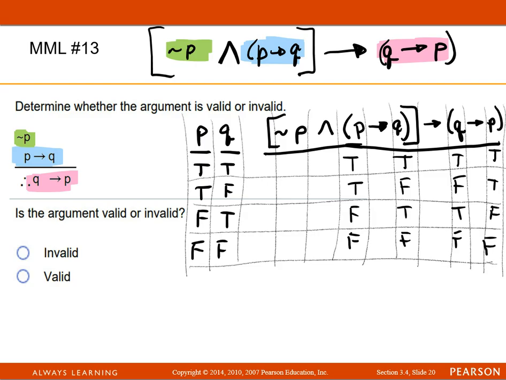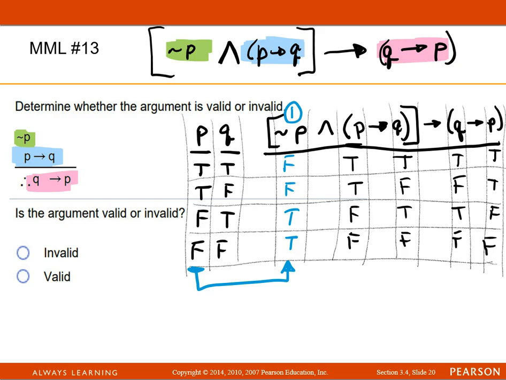Everything else, I'm going to have to do a calculation, and I'll use different colored pens for that. So I'm going to go from left to right. The first thing I'll do is this negation of P, and since P is true, true, false, false, this becomes false, false, true, true. I got this one simply by looking at the P and negating it.